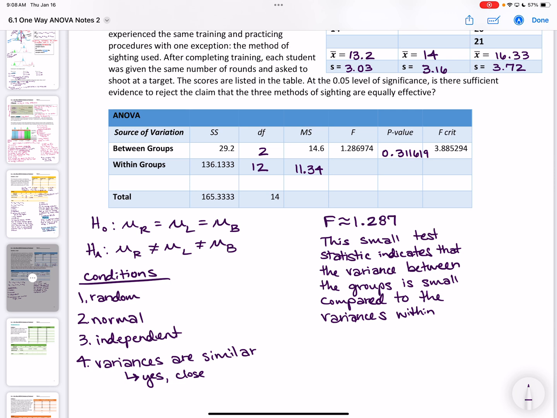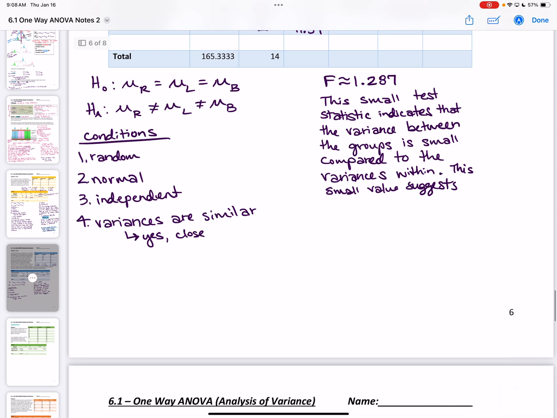Okay. So that also means what? This suggests what? This small value suggests that the averages for each method of eye-sighting are similar and the differences are likely due to random chance. Good job.